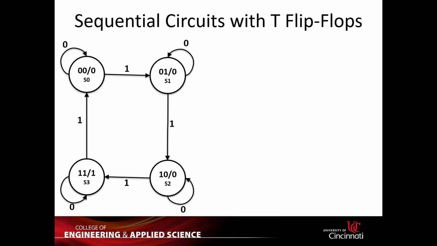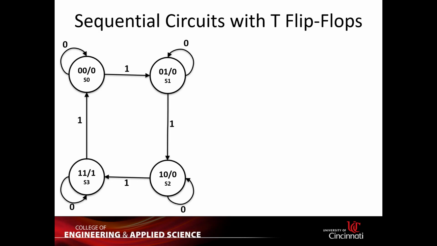Okay, so given a state diagram like this, and remember previously I showed you on the decision path you can have a slash sign and the second number will be the output, right? You can actually do the same thing in the state bubble too.